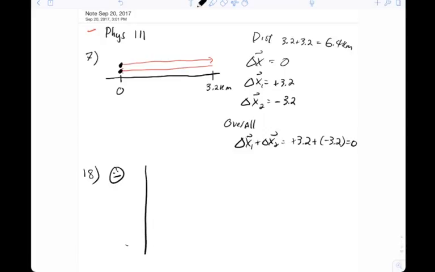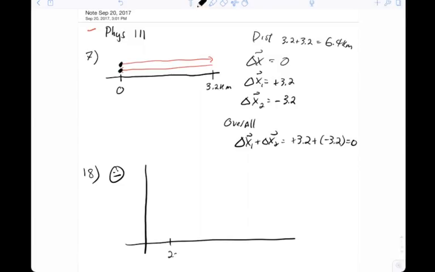So the graph looks like this. 20, 40, 60, 80, 100, and 1, 2, 3, 4.